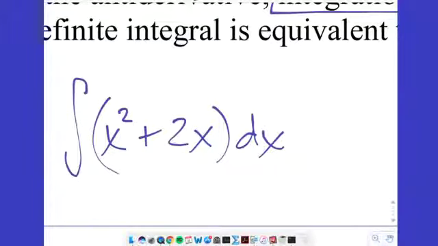Now, while we're here, let me tell you a little bit more detail about this. This is actually called an indefinite integral. It certainly is an integral, but there are two types of integrals. You have a definite integral, which we'll see in the next section, and an indefinite integral. So indefinite integration is the same as antidifferentiation.